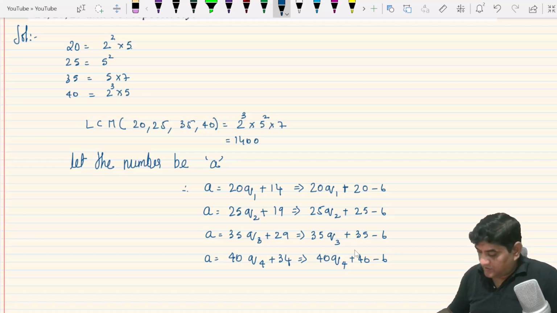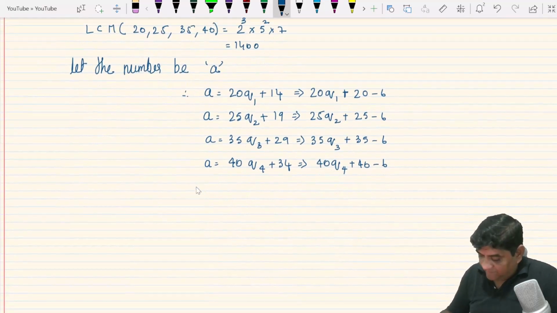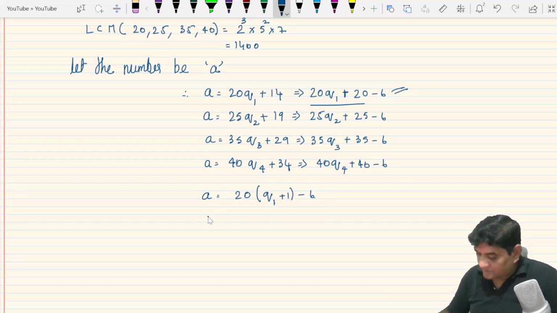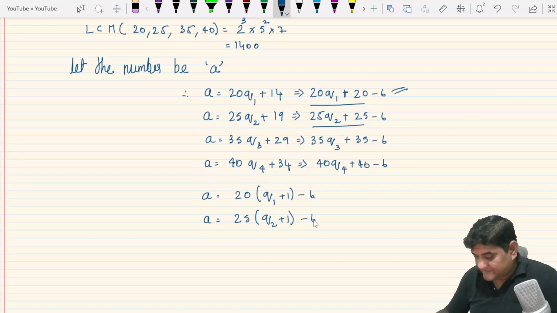Now, can I further write A as equal to, if I consider this, 20 taken common out from these two terms, I'll remain with Q1 plus 1 minus 6. Again, A will be equal to 25 taken common out from here, I'll remain with Q2 plus 1 minus 6.